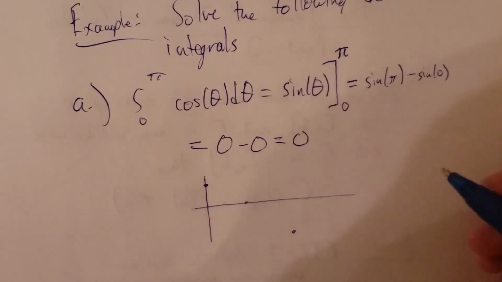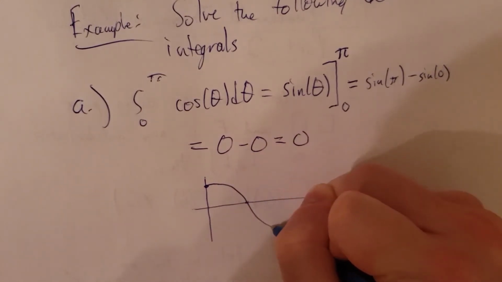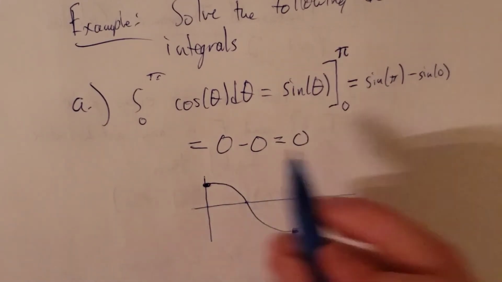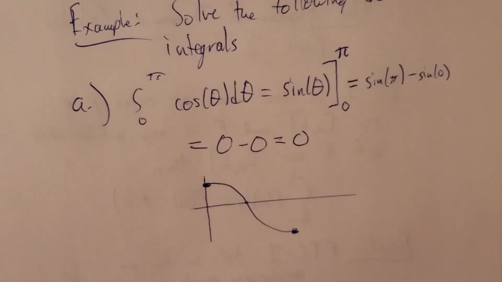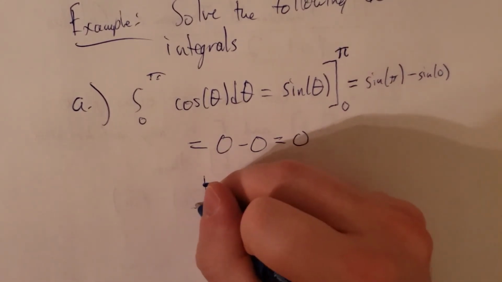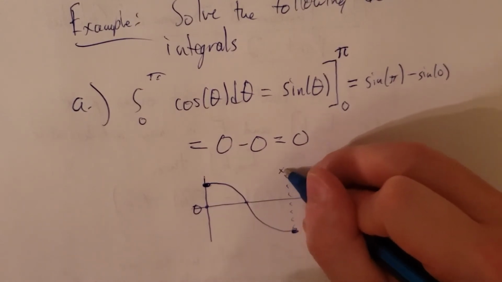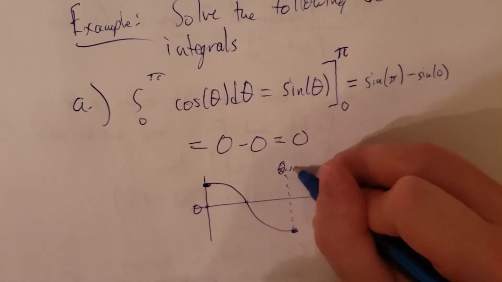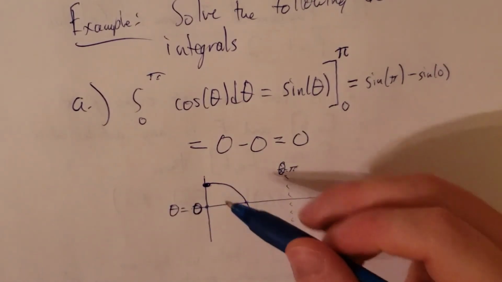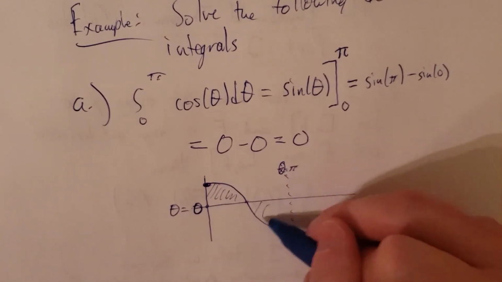Well, our cosine function from 0 to pi looks like this. That is the first half of the period of the cosine function. And if we're taking the integral from theta equal to 0 to theta equal to pi, then this definite integral should be this area here plus this area here.